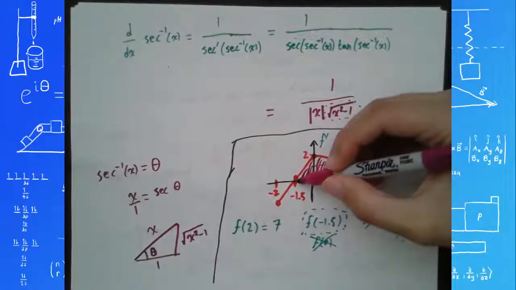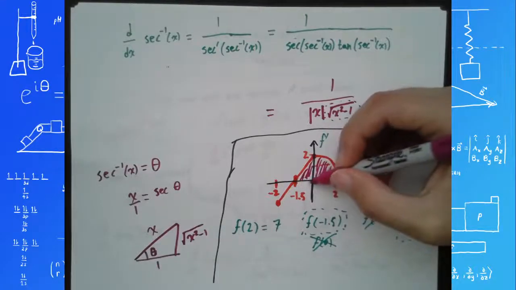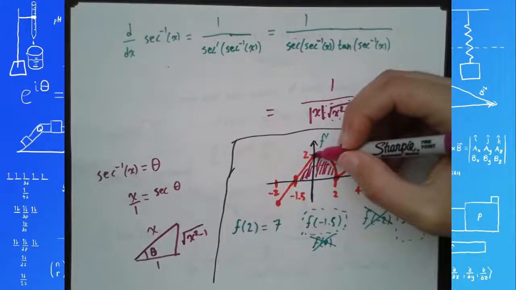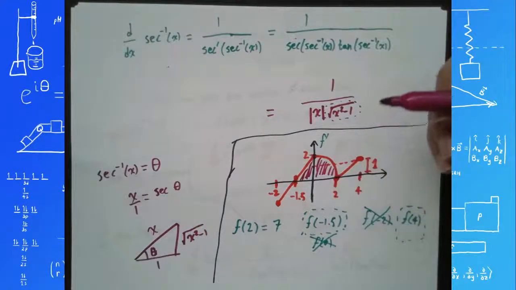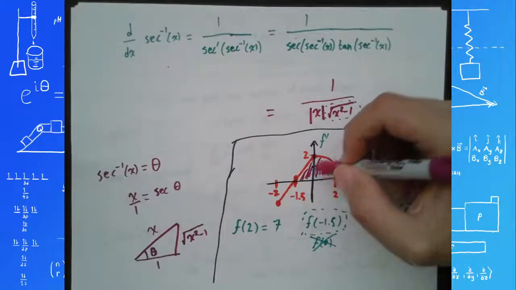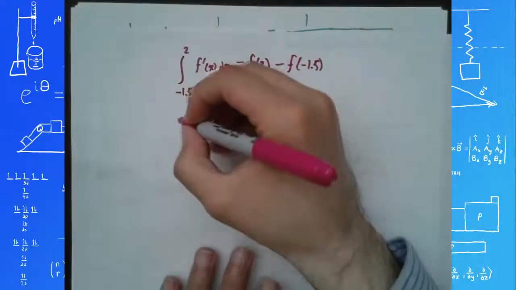For the triangle, 1/2 base times height. The base is 1.5 units wide, times height 2, times 1/2. Half of 2 is 1, and 1 times 1.5 is 1.5. It's positive area because it's above the x-axis.